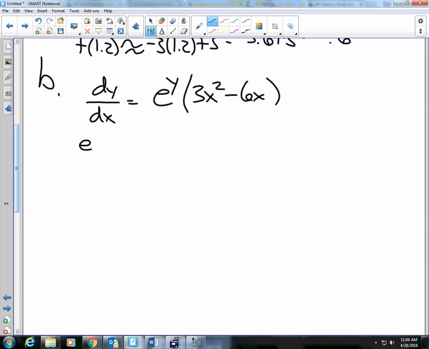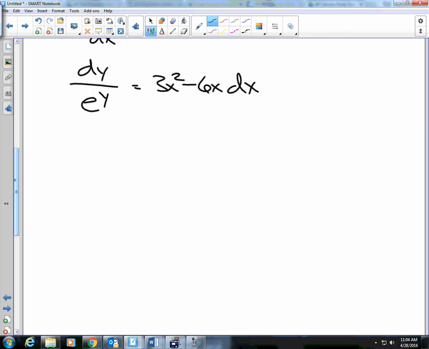So I have dy over e to the y is equal to 3x squared minus 6x dx. You'll get a point for just doing that. Again, to me, non-negotiable. Everybody can separate the variables. You just have to know that that's what you were supposed to do.